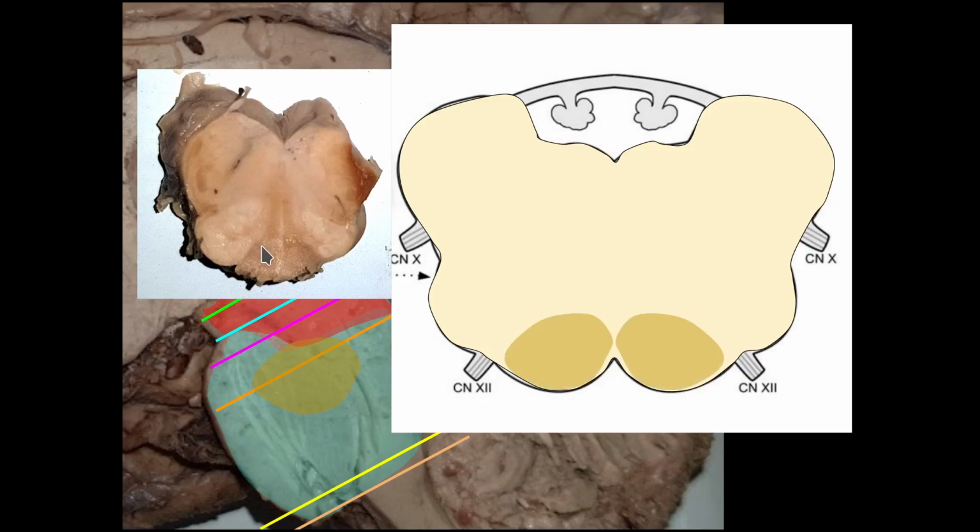All those dispersed bundles from the internal capsule that went into the cerebral peduncle of the midbrain, that were dispersed by the massive pontocerebellar fibers, started to come up together again, and in the medulla they again form one cohesive set of white matter, which are your pyramids.